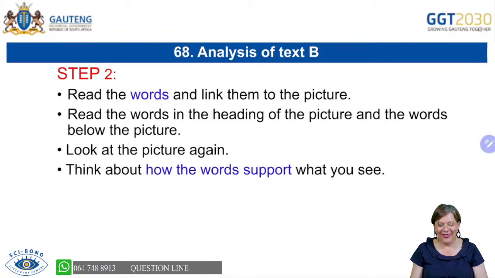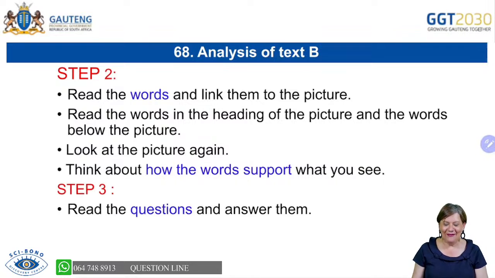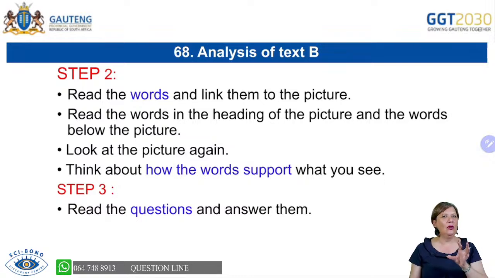And then I need you to think, how does the picture support the words? Can you see I need those connections between the pictures and the words? It's really important. And lastly, read your questions and answer them. Now remember, there's no connection between your text speed and your comprehension. So you don't have to try and find one.